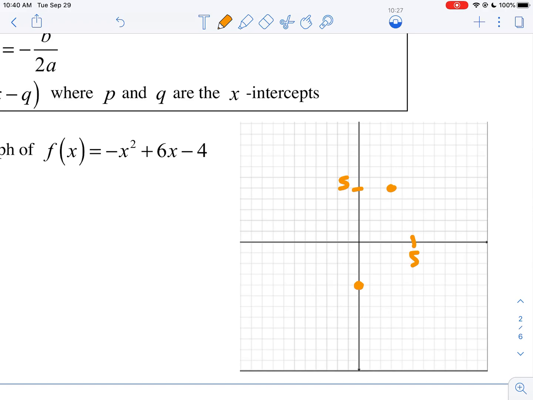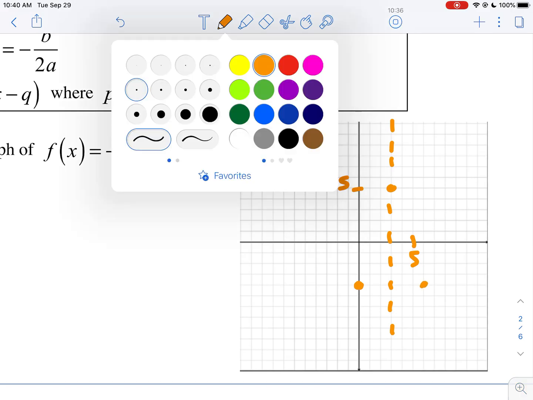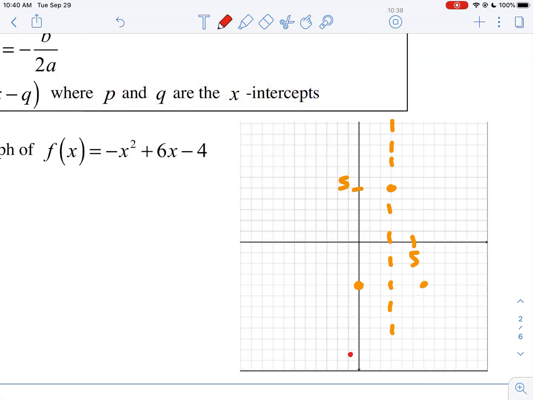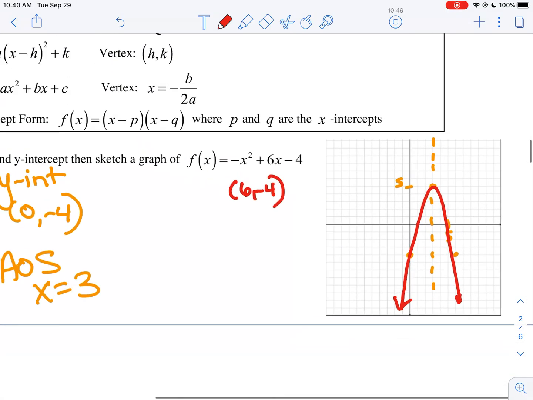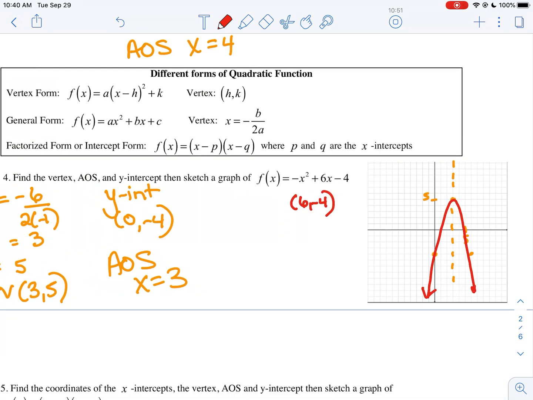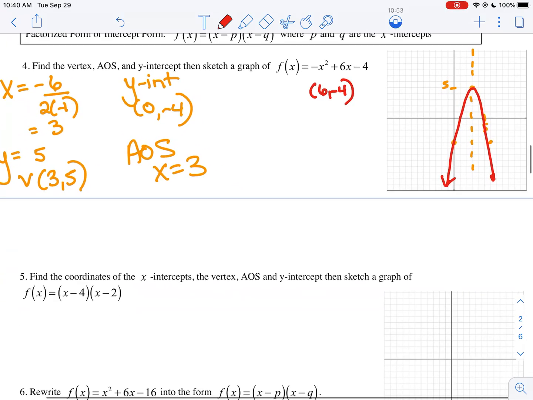All right, so if I have my axis of symmetry, then I have another point that is 3 units away, like this, okay? There we go. So then that other point is actually (6, -4). And if you wanted to find the x-intercepts, just use your calculator and it'll find it for you.